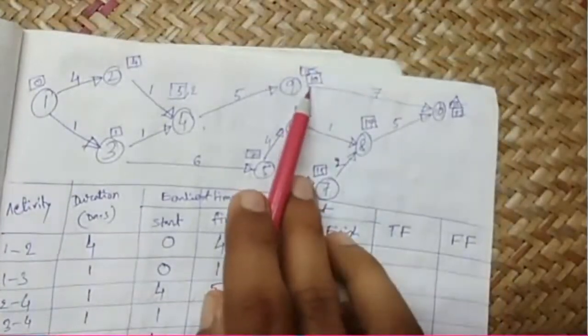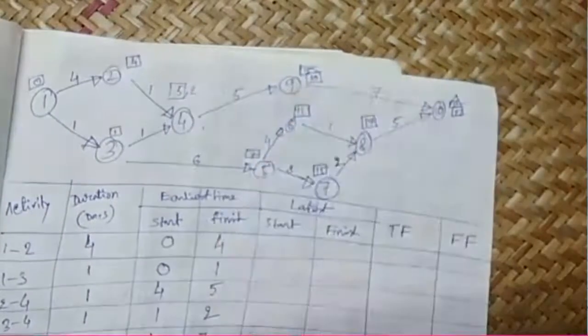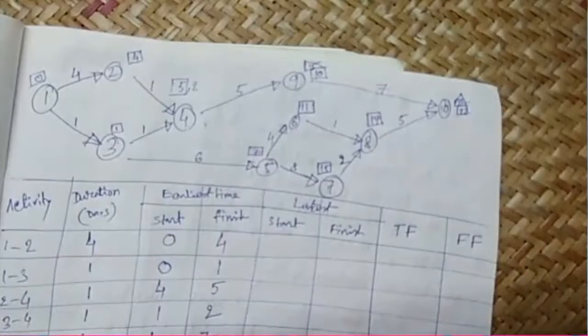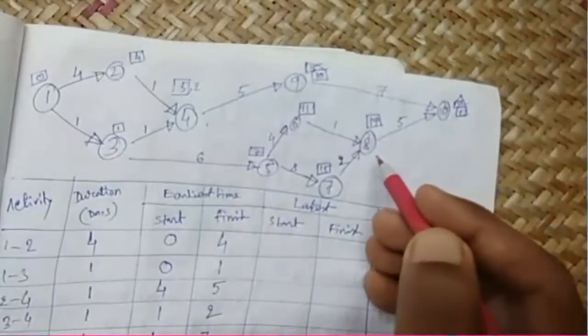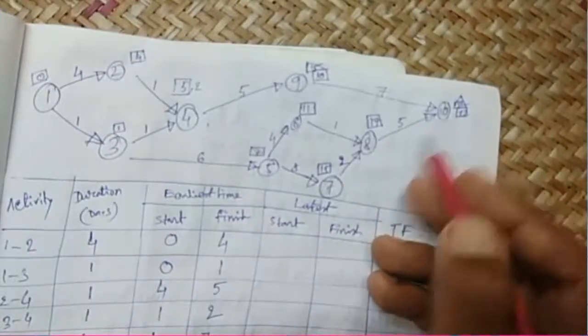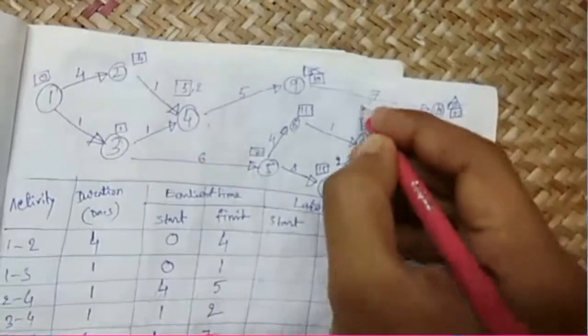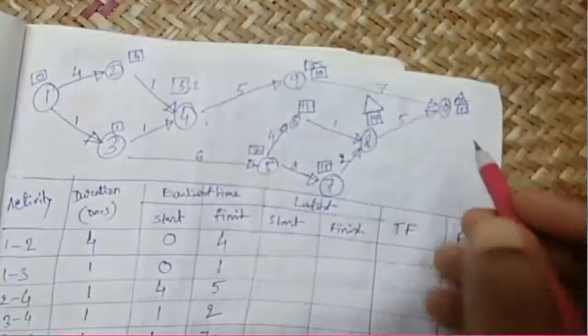Here above 10, in the triangle, we have written 15 because the latest start for activity 9 10 is 15. Similarly, if we look at 8 10, its latest start will be written on the triangle over the rectangle.